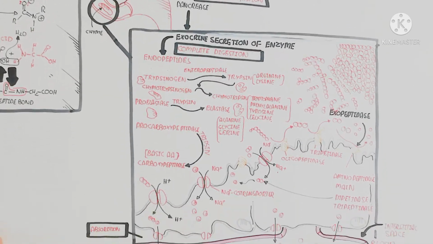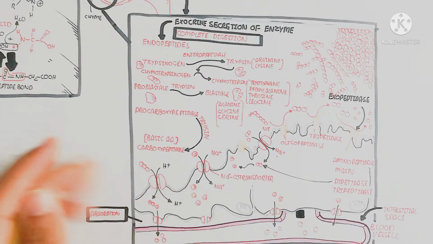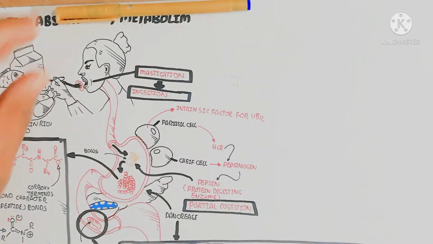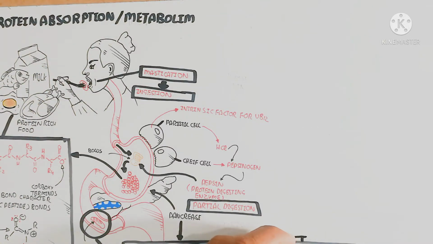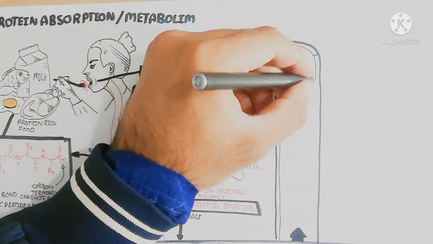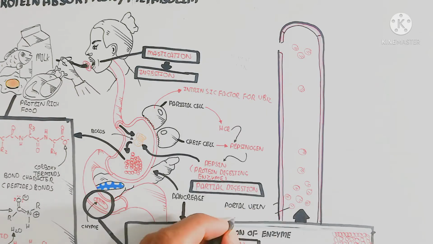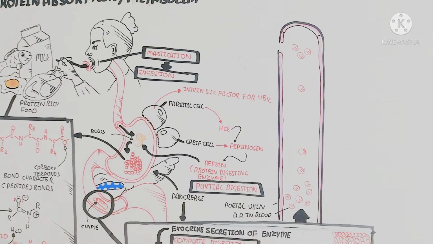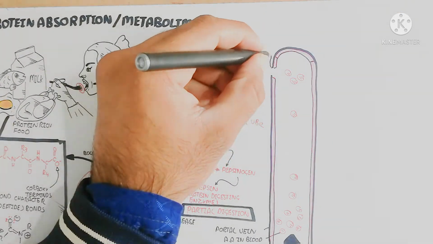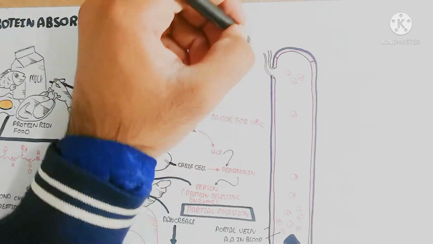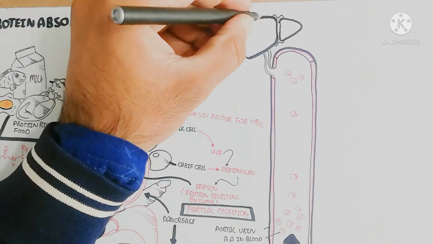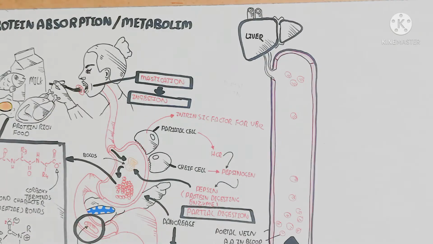So this is important and used for absorption. How is it possible? Because amino acids are fewer in the circulatory system, they diffuse into the blood. Here is the portal vein, which is used to transport the amino acids into the liver, into the hepatocyte. And what will happen in the hepatocyte we will discuss here.